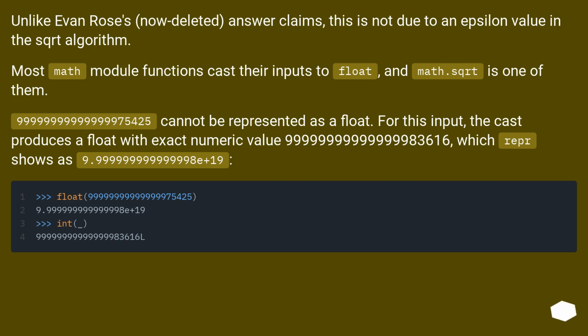99,999,999,999,975,425 cannot be represented as a float. For this input, the cast produces a float with exact numeric value 99,999,999,999,999,983,616, which repr shows as 9.999999999999998e+19.